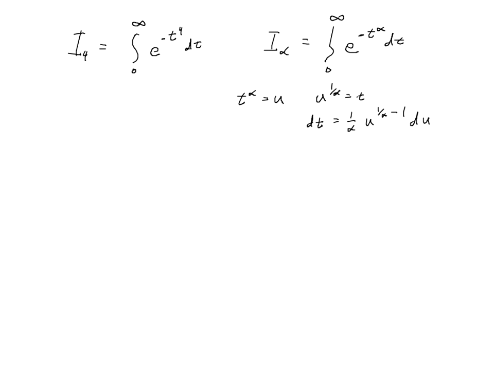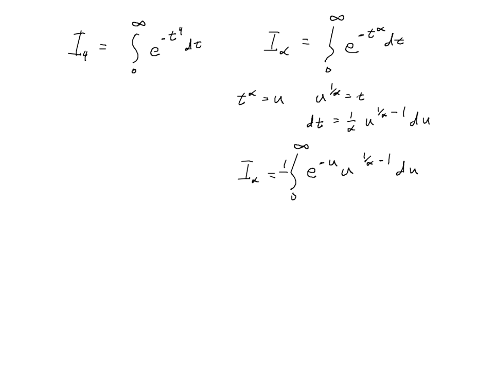So if I plug that into the equation, I get I of alpha is equal to the integral from 0 to infinity of e to the minus u to the 1 over alpha minus 1 du.